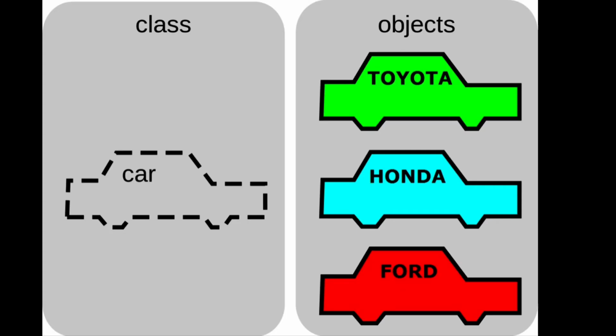So a car is an object. And if you have more than one car, then you'd have more than one object. You would instantiate an object of a Chevy HHR, and then you'd instantiate another object for a Ford F-150 pickup truck, right?